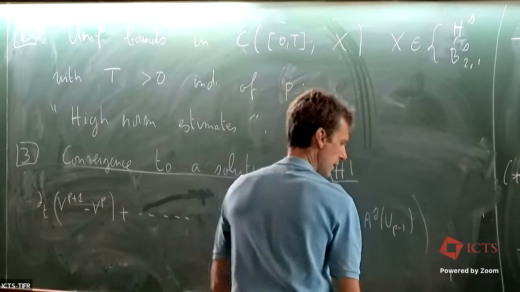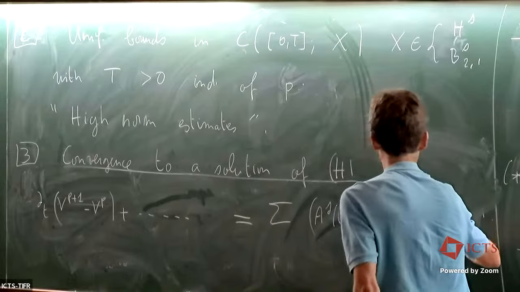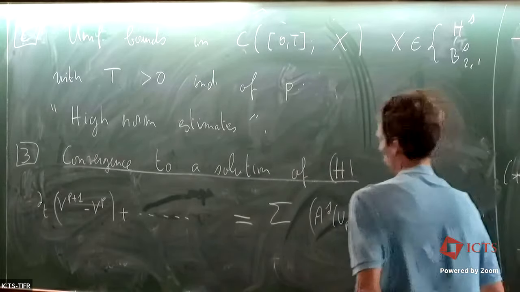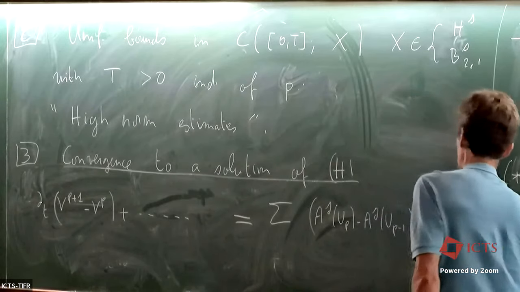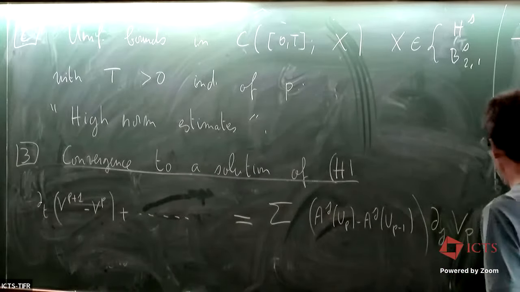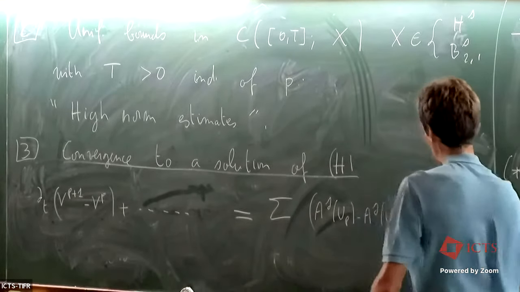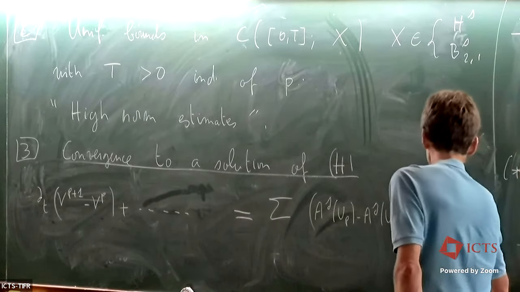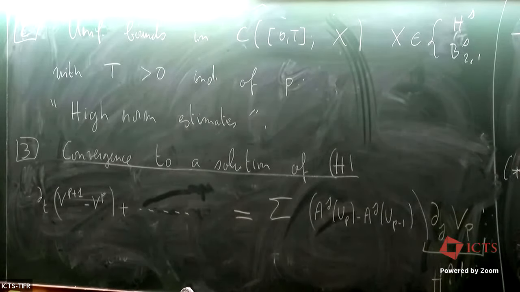Something bad is that here you have delta j of typically V_p, for example. Why is it bad? It is bad because if you start with regularity S, for example in a Sobolev space, here you are only in H^(S-1), so you lose one derivative.